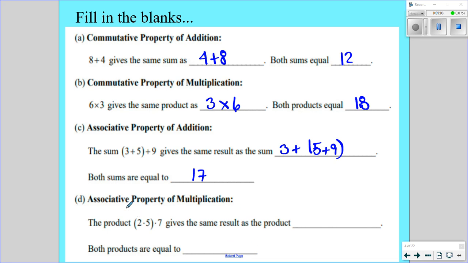Okay, next one is associative property of multiplication. The product of 2 times 5 in a group times 7 will be the same if you did 2 and it's outside, and the 5 and the 7 are grouped together. So when you multiply those two, either one of the two groups, you would get 70.